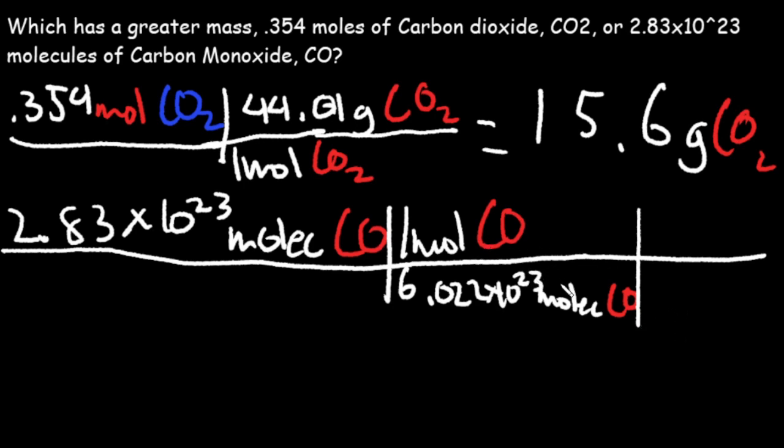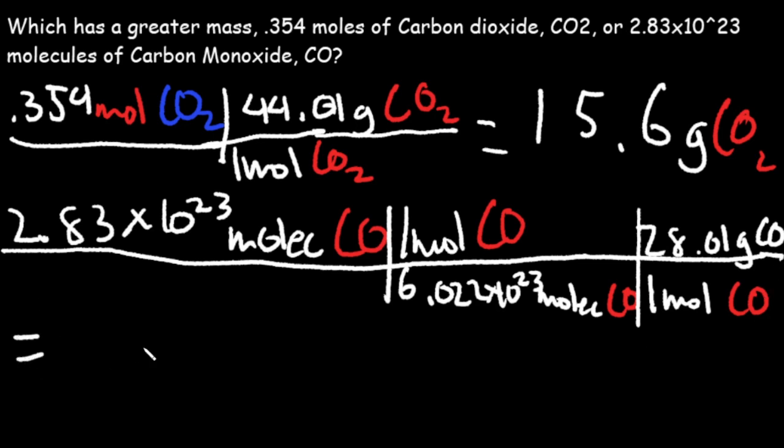Now you convert the moles of carbon monoxide to grams. So 1 mole of carbon monoxide is 28.01 grams of carbon monoxide.